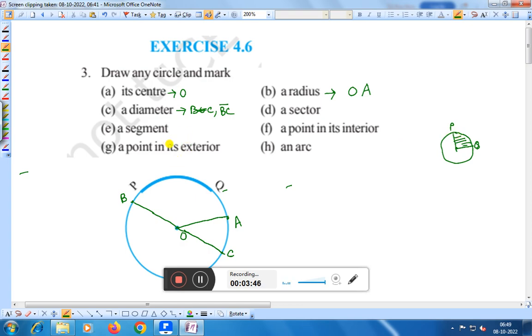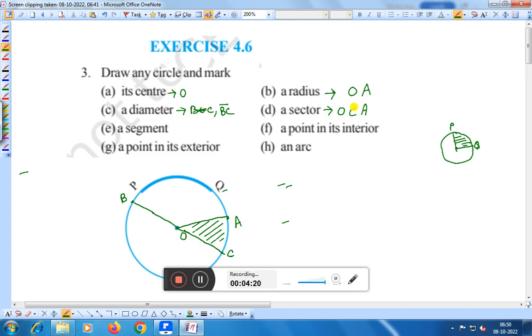Here you can say that OAC is the sector. If we shade this area, then OAC is the sector. That means an area covered by an arc and two radii is the sector of a circle. Therefore, OCA is the sector of the circle.